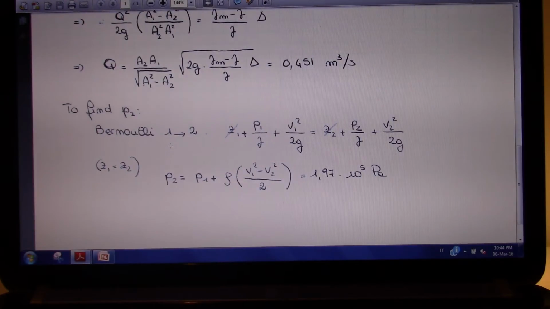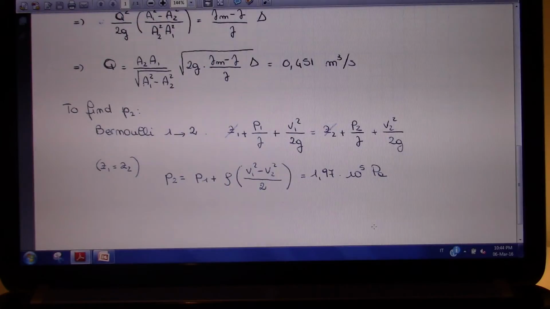Then Z1 is equal to Z2 and it goes away, and then P2 over gamma is equal to P1 over gamma plus V1 to the power of 2 minus V2 to the power of 2 over 2g, and rearranging, if I multiply times gamma everywhere, I obtain this formula.